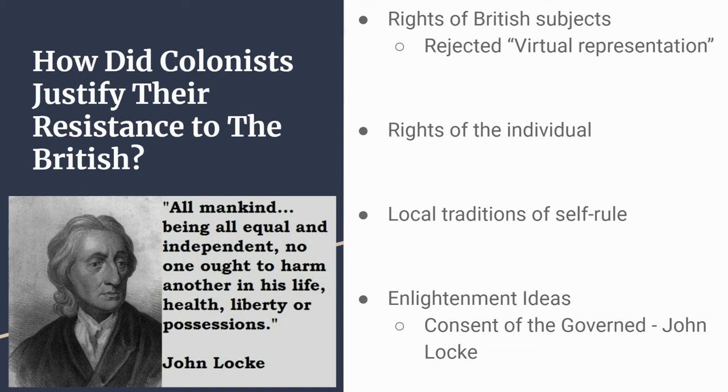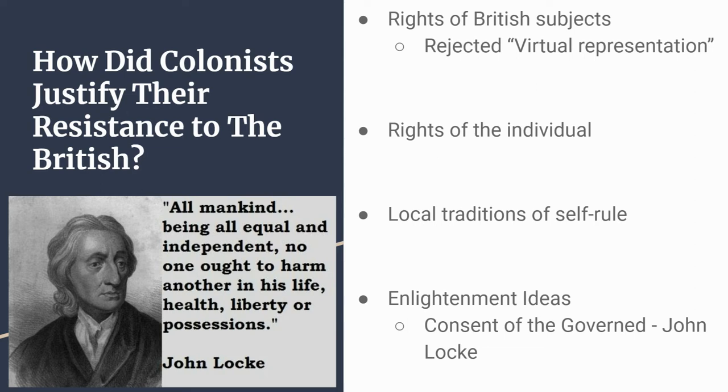And then the last idea for their justification of why they're resisting the British is the Enlightenment. And the Enlightenment is a trend that's going on in Europe and the Americas where basically people are having a philosophical revolution in what it means to be a person inside of a government or a group of people inside of a government.